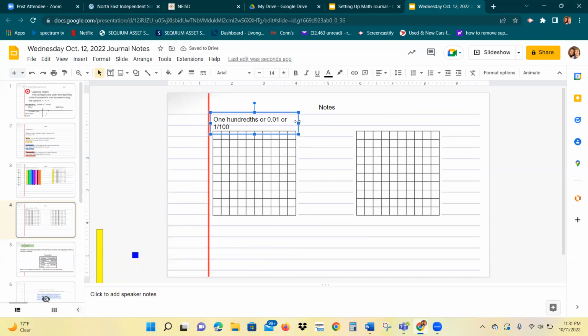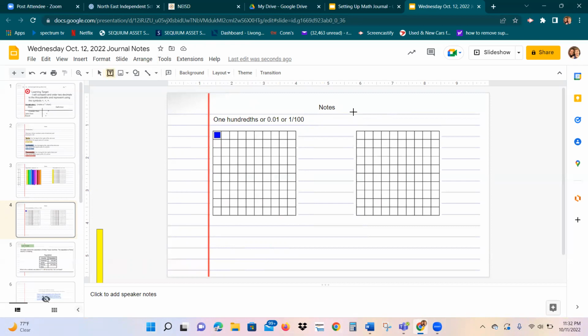I'm going to stretch this out a bit. And so what do you think I will need over here? Very good. It's only going to be 1 out of 100. And that's it. Because there's 100 little squares. Remember, we were talking about our flats, our rods, the units, and the chips. Okay.